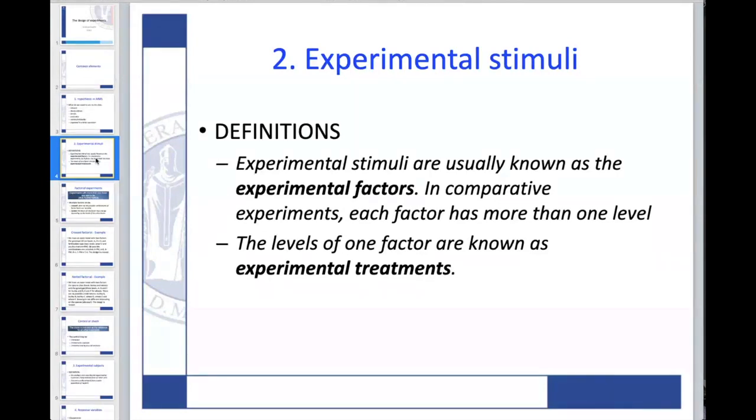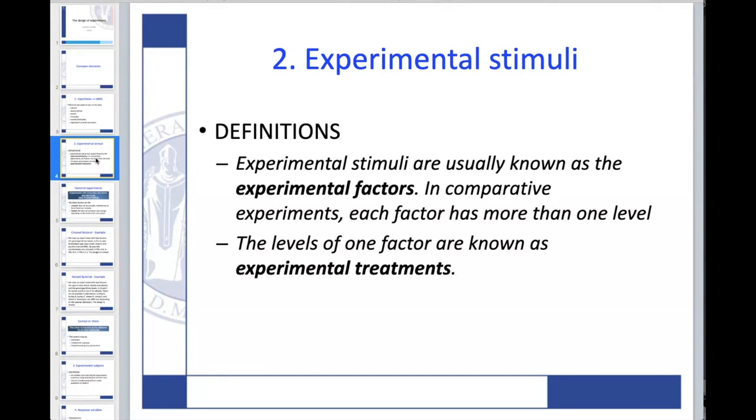These are called the experimental treatments. We have 4 treatments for 1 factor, right? So you need to get used, if you are not already, you need to get used to this kind of namings, because I will use them from now on. I will talk about experimental factors, and I will talk about experimental treatments.